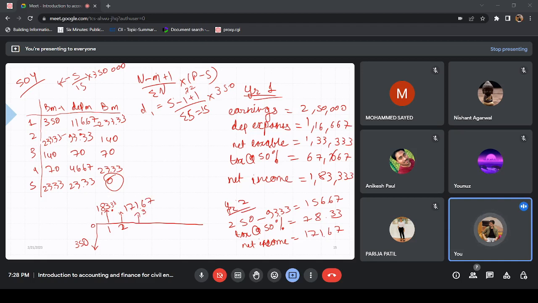So similarly, you have to calculate values for each year. Can you guys do that?